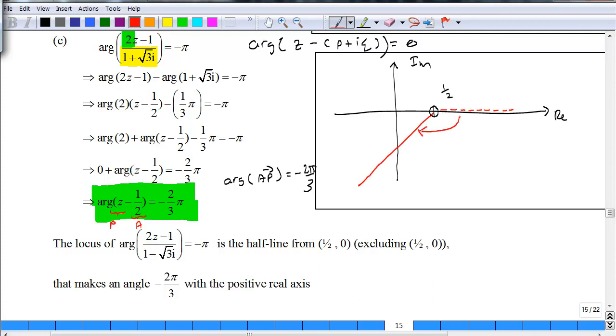Right, so this argument is negative 2 pi over 3. Alright, so there you go. You are done with the drawing of this locus. And to describe it geometrically, this is what you see printed here. Right, making sure again that your locus, the half line here, does not include the point A.